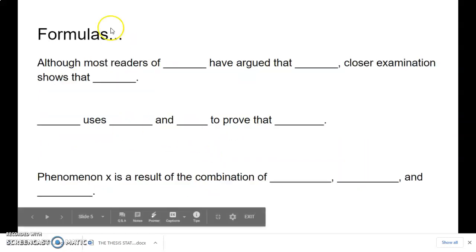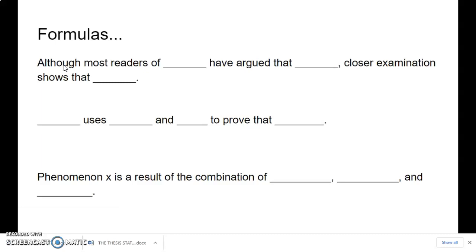So here are some formulas. This is a subordinating conjunction, "although," so it kind of prefaces jumping into your whole statement.